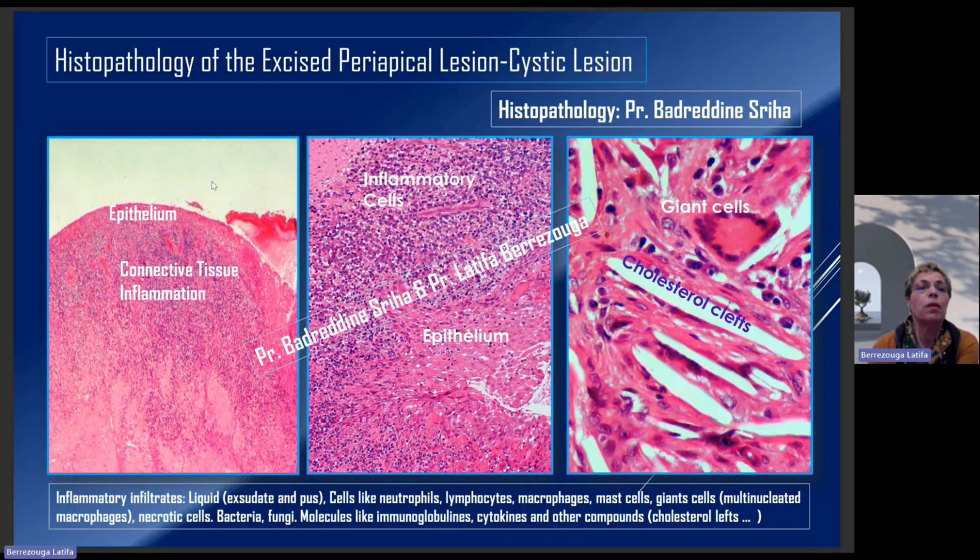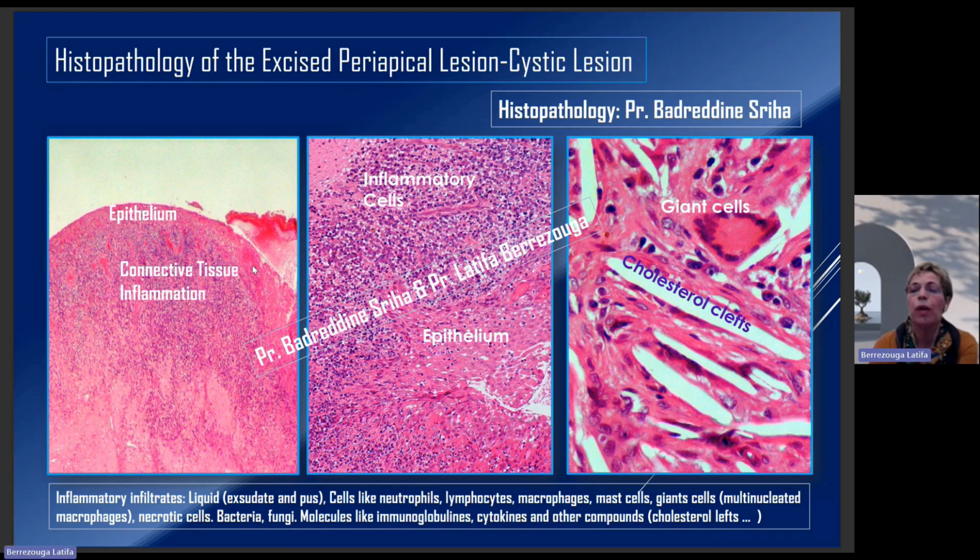You have this cavity of the cystic lesion lined by the epithelium, as you see here. This epithelium may derive from the rests of Malassez, you know, but we also have several origins of the epithelium in periapical lesions.